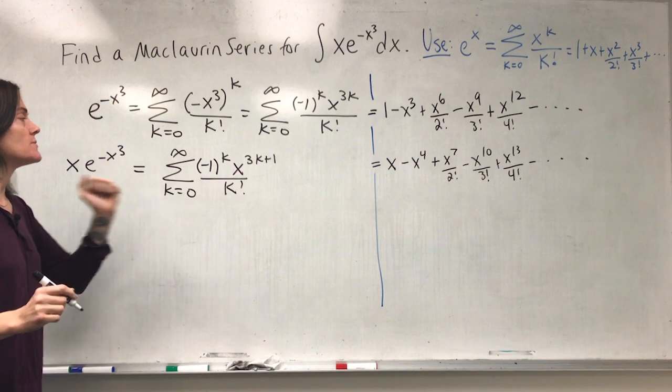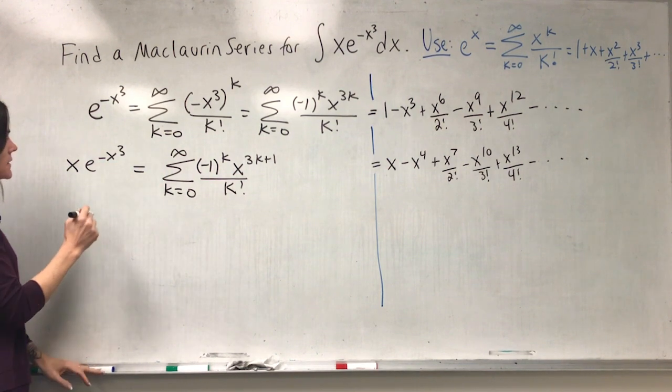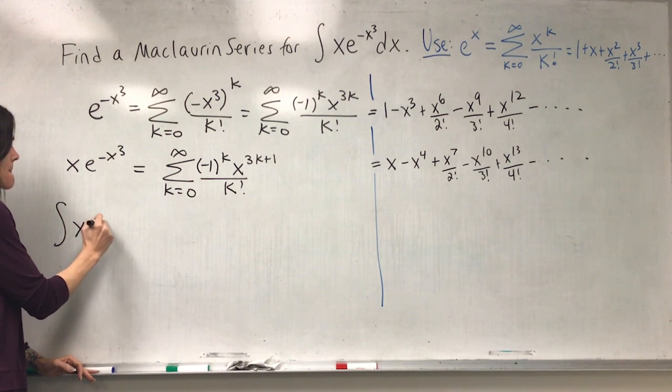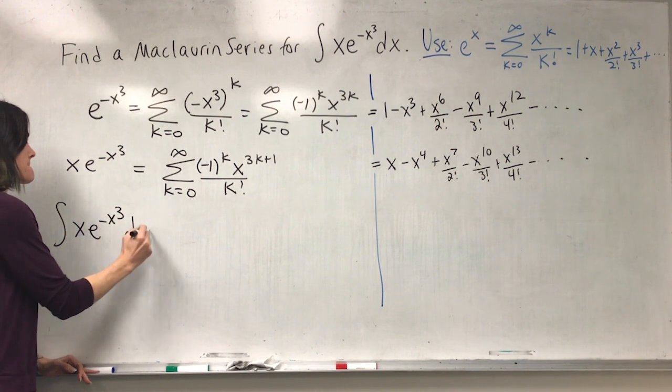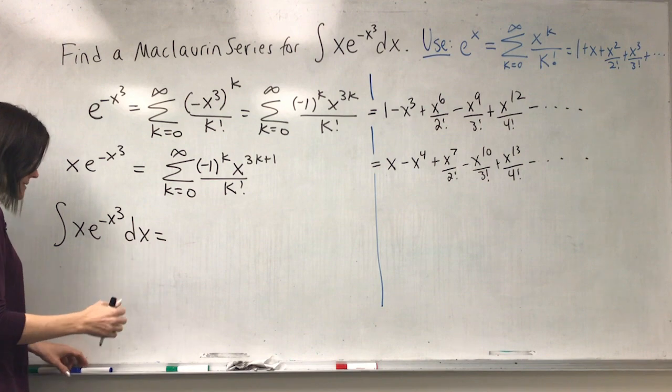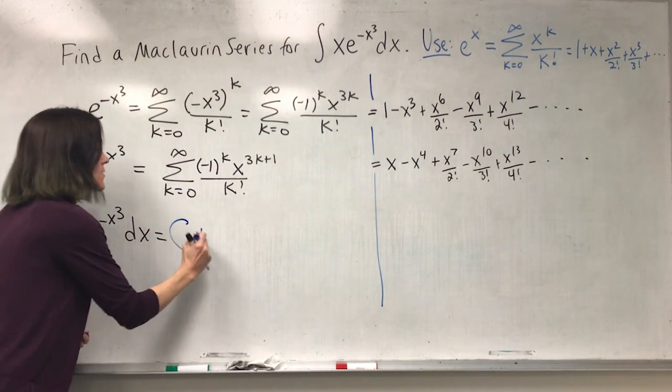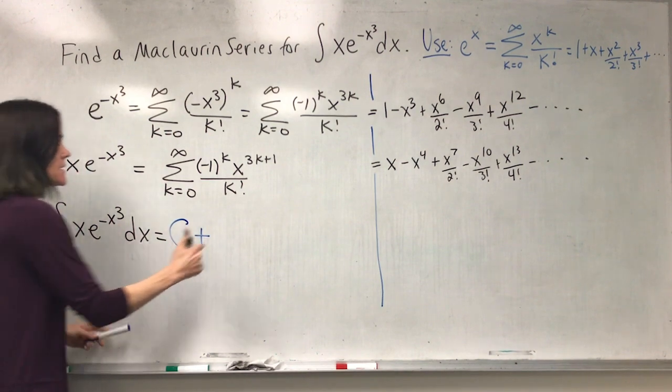Final thing to do is to integrate. Okay, here we go. If I integrate, don't forget the plus c. This is true every time you have an indefinite integral, but also with power series.